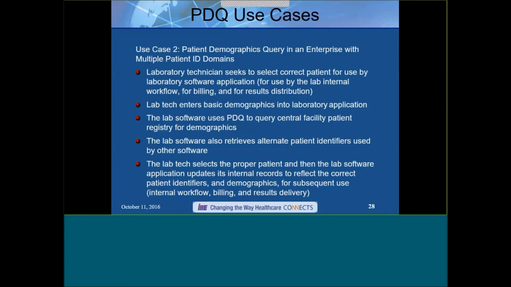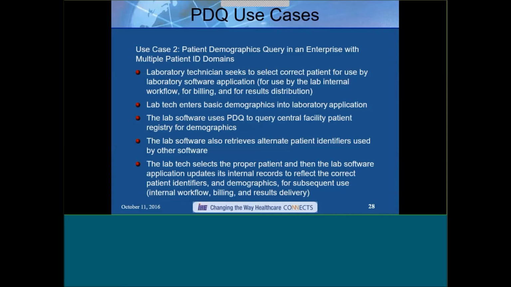And I have another use case here: patient demographics query in an enterprise with multiple patient ID domains. A laboratory technician seeks to select the correct patient for use by the laboratory software application. In this instance, the hospital has a patient identifier, and the lab information system also has its own patient numbering scheme, so you have two patient identifier domains going on here. The lab tech enters basic demographics into the laboratory application.